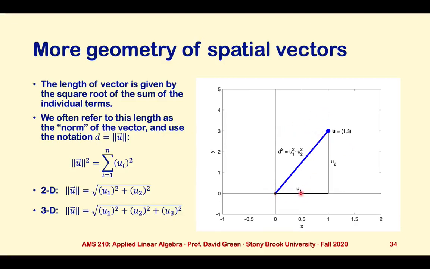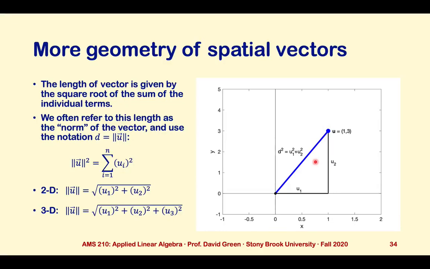This is just a standard Pythagorean rule for evaluating the length of the hypotenuse of a right triangle. The x-coordinate is the length of one side, the y-coordinate is the length of the other side. The length of the hypotenuse is the square root of the sum of the squares of the two sides. Right? We visualize this in 2 dimensions.